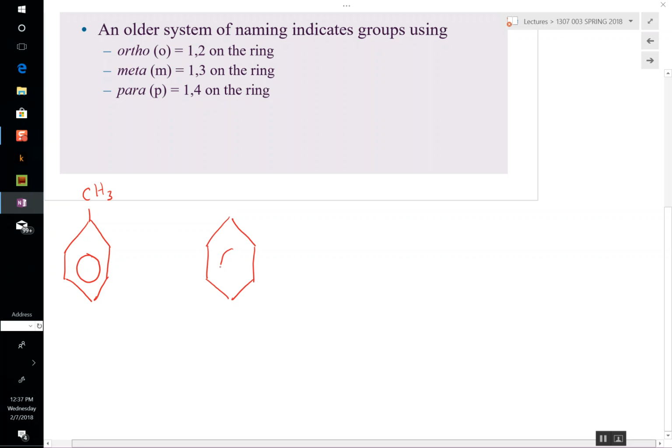I'm going to put another methyl group on this benzene ring. So now we got that molecule. It has 2 methyl groups on it. Here's another one with just 2 methyl groups on it, but they are different.